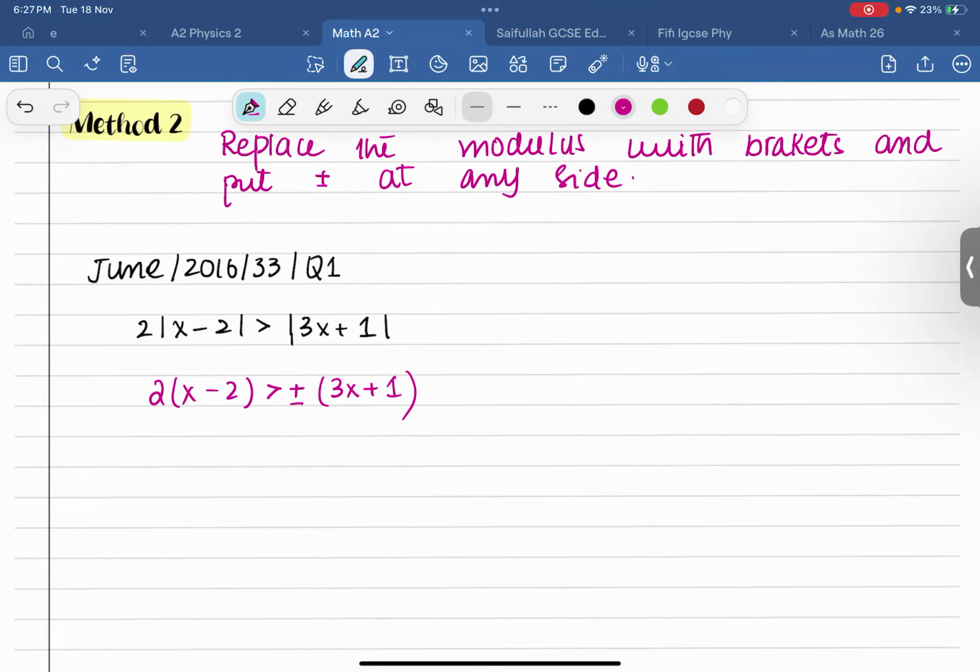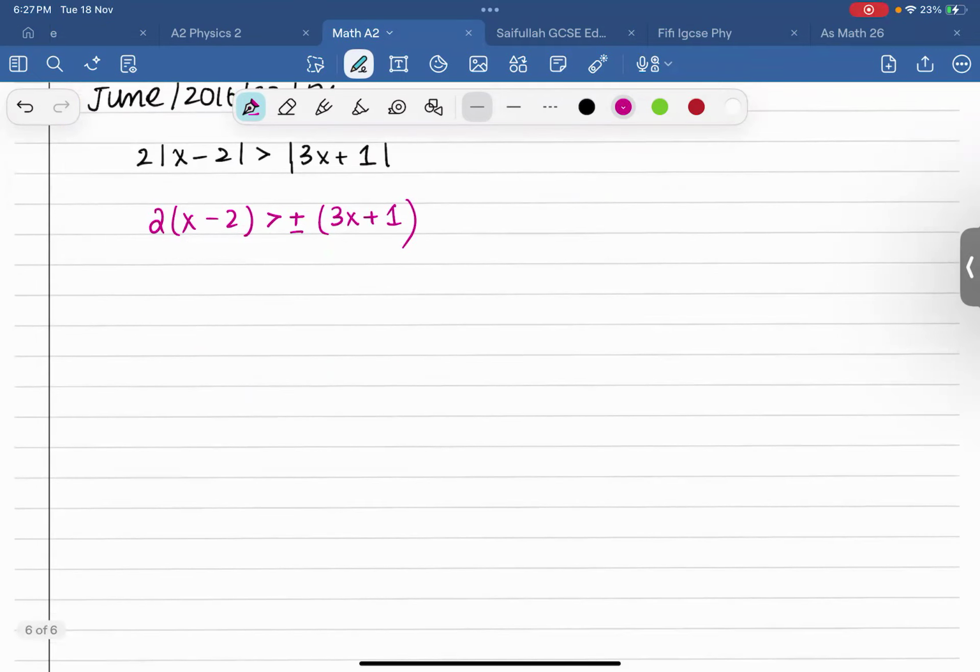So now let's solve it. So 2x minus 4, you have to consider it once as a positive 3x plus 1, and once in a negative sign.